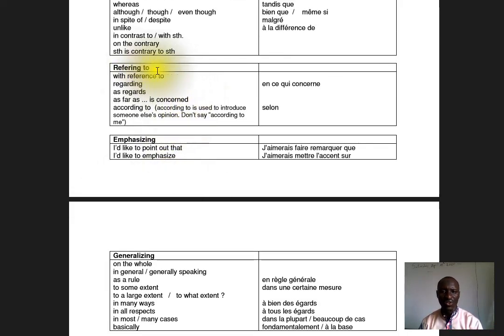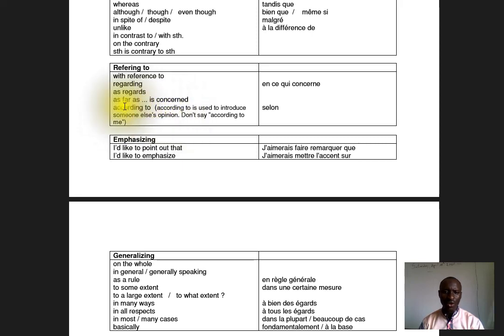So let's go ahead with referring to. You want to refer something to something else: referring to, or regarding, as regards, en ce qui concerne, as far as is concerned, or according to.